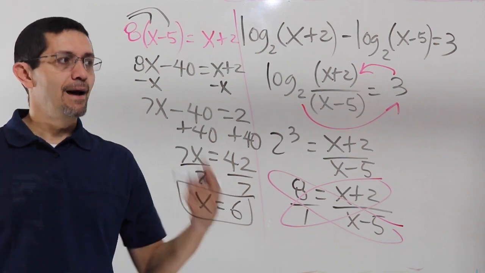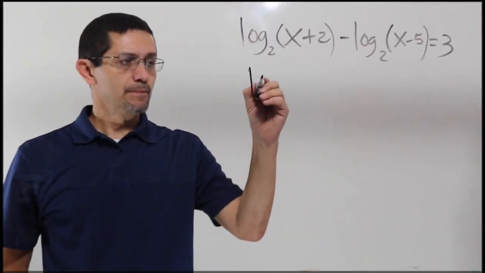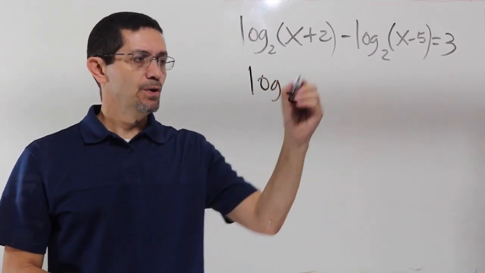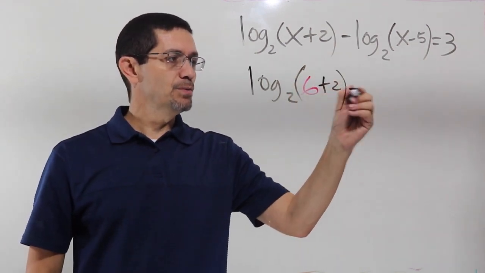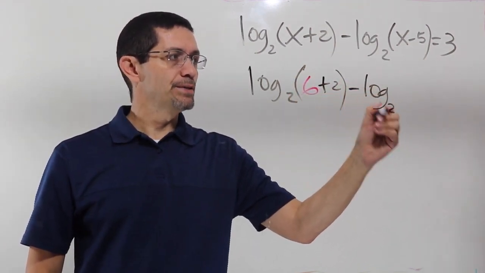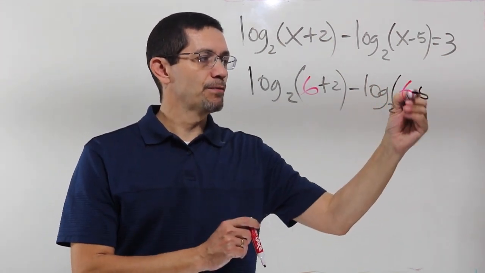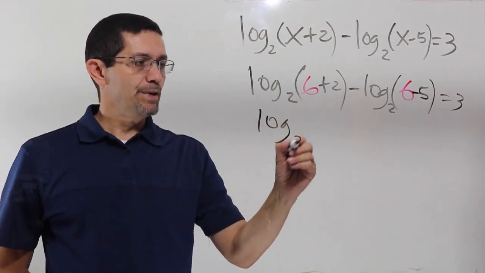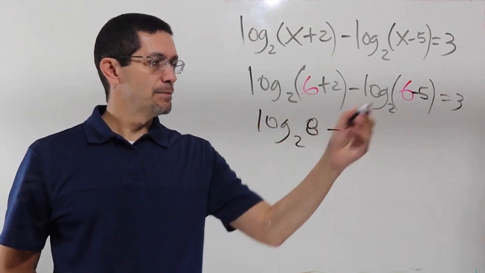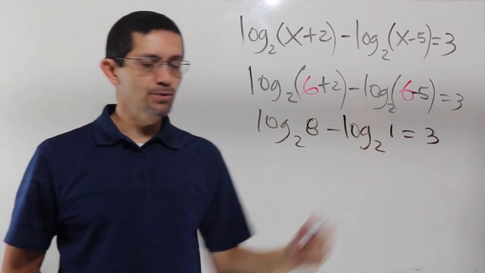That's it. I gotta go back and plug it in to see if that 6 is going to work out. Log base 2 of 6 plus 2 minus log base 2 of 6 minus 5 should be equal to 3. Log base 2 of 8 minus log base 2 of 1 equals 3.